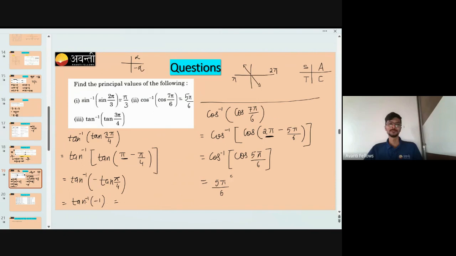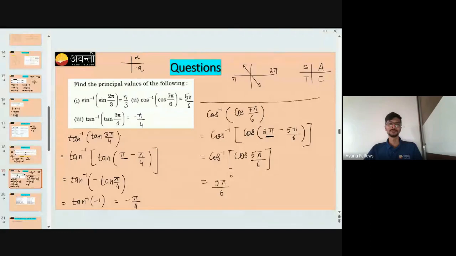What value of tan theta will give me 1? That is pi by 4. And if it is in the fourth quadrant, the corresponding angle will be minus pi by 4. So my answer to tan inverse of tan 3 pi by 4 is minus pi by 4.